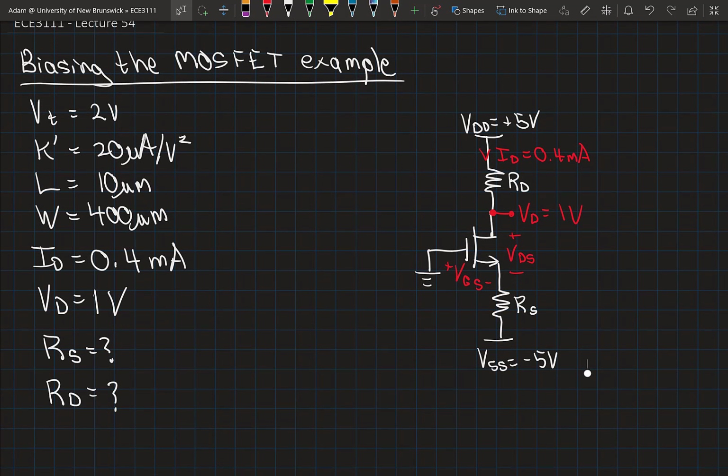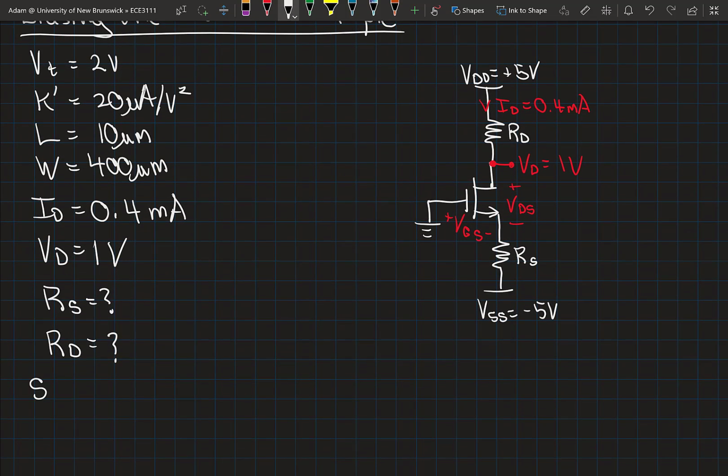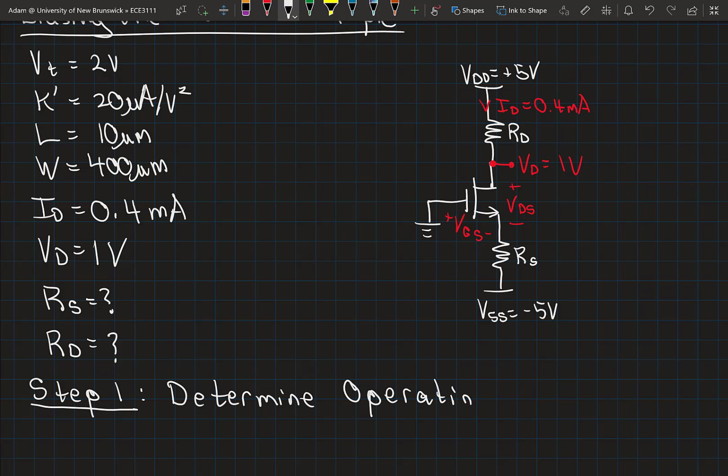Okay, so my first step when doing any kind of bias analysis, whether it be of a BJT or a MOSFET, is to confirm the operating region. So let's determine the operating region so we know which equations we can apply.